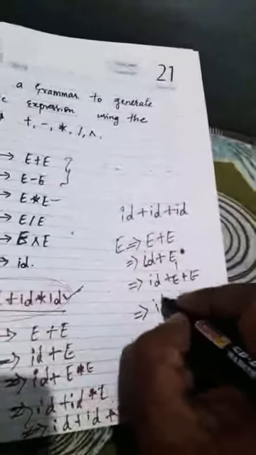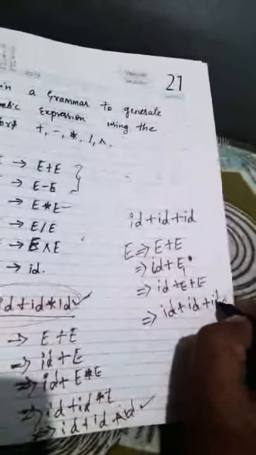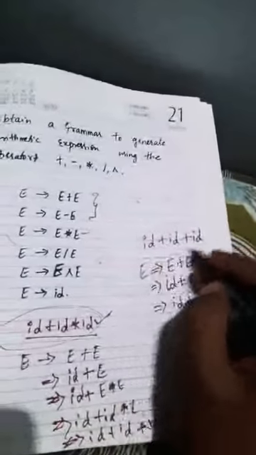So this will finally be id plus id plus id. So finally we have got this string. So using these productions you can get any arithmetic operation.